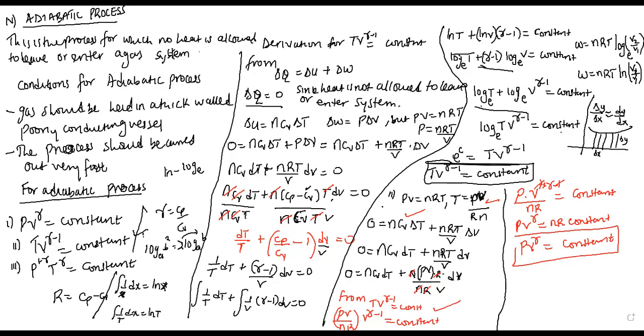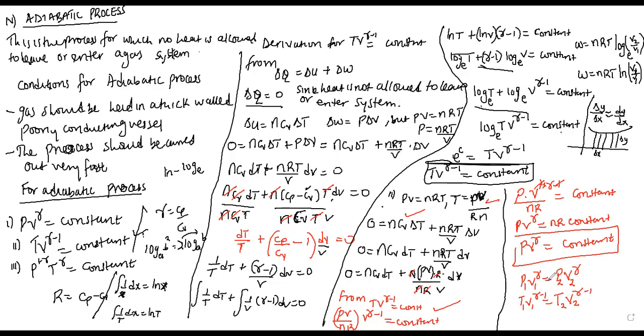Then the last one. But before that, it means that P1 V1^gamma is equal to P2 V2^gamma. Likewise, T1 V1^(gamma minus 1) is equal to T2 V2^(gamma minus 1).